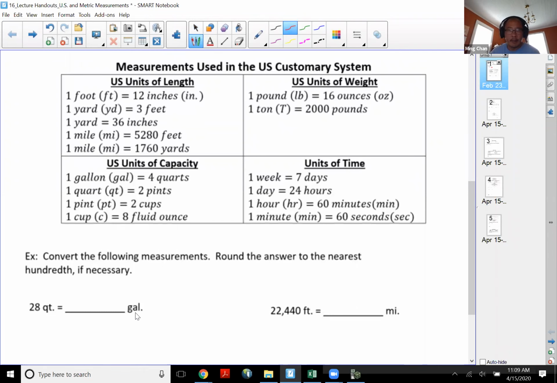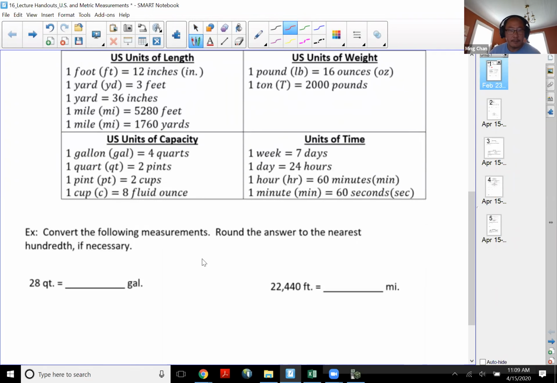So let's give this a try. Quart converted to gallon. Quart is US, gallon is US, and both of them are capacity. We're converting US capacity to US capacity.